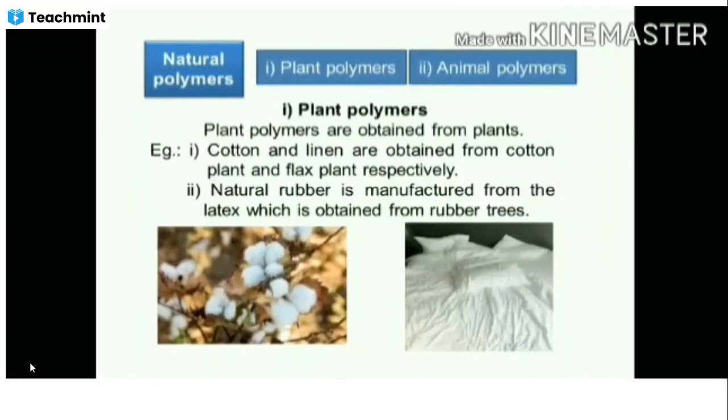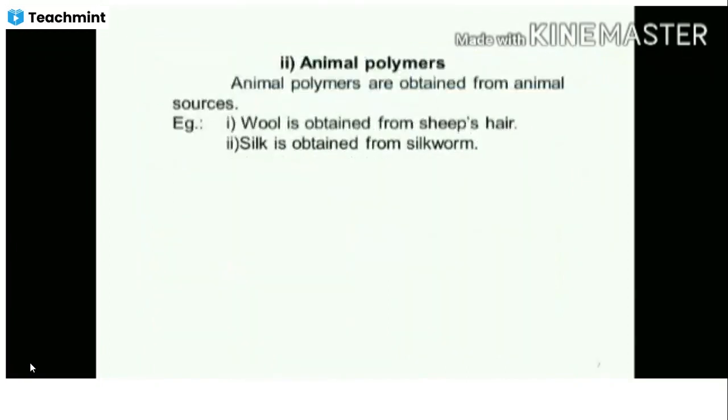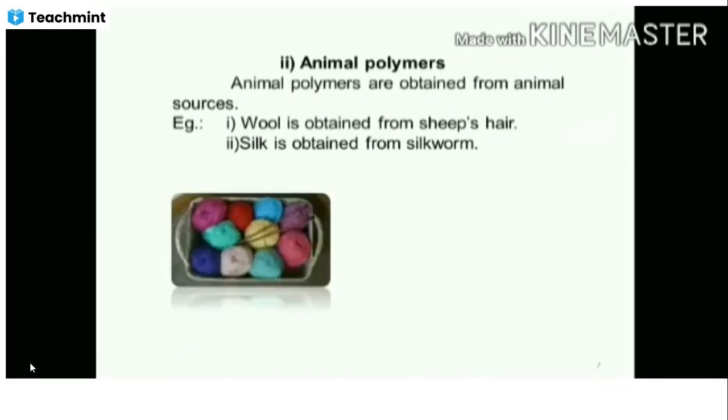Second, animal polymers. Animal polymers are obtained from animal sources. Example, wool is obtained from sheep's hair. Silk is obtained from silkworm.